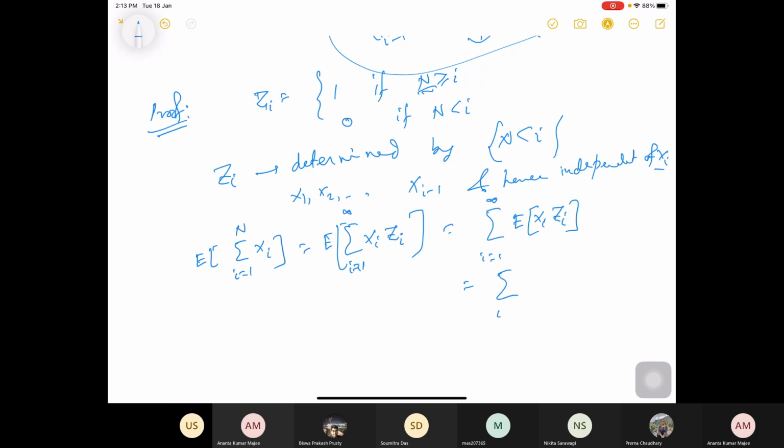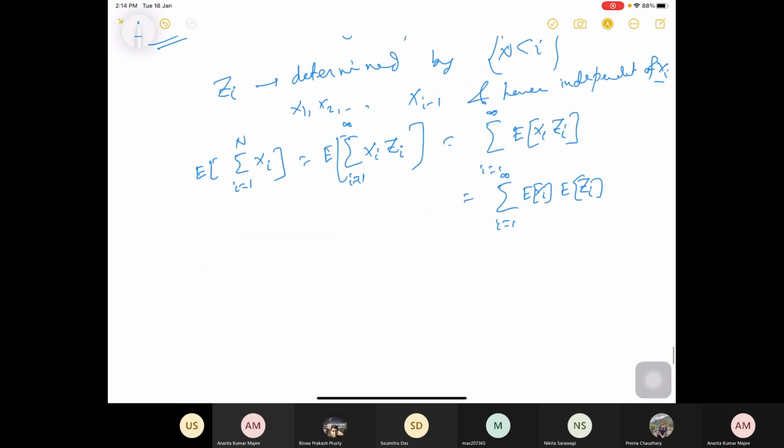So I have the summation over i equal to 1 to infinity of the expectation of Xi times the expectation of Zi. Here you have an infinite sum and expectations, so I have interchanged the summation and expectation. Why is this so? You can think that this can be done because it is increasing and so on, so maybe you can use the dominated convergence theorem to show that this happens.